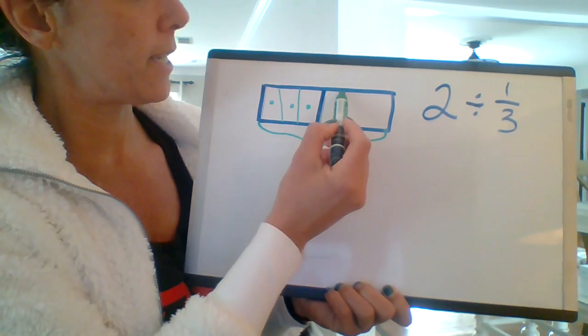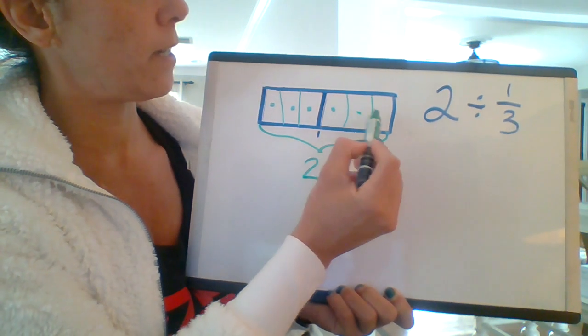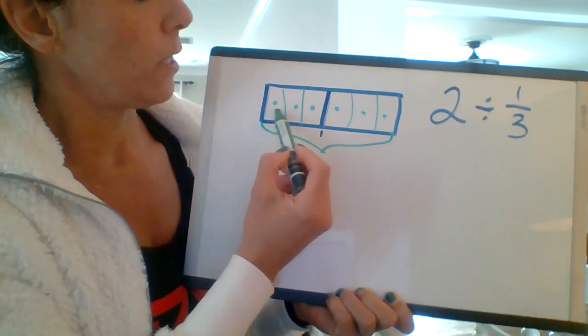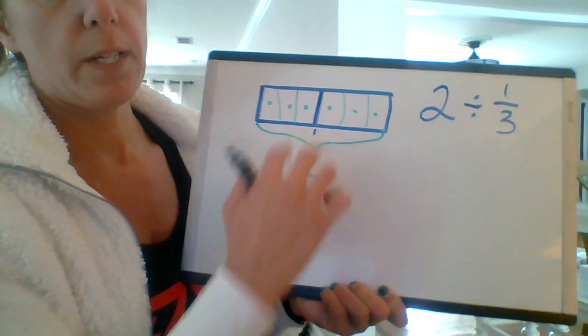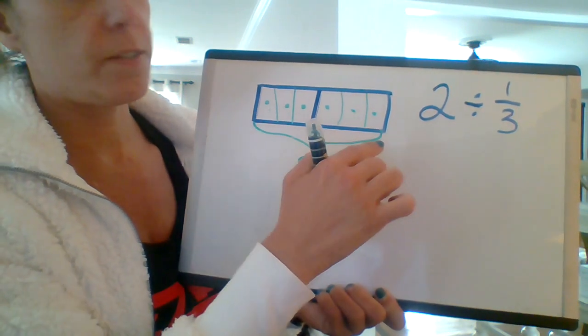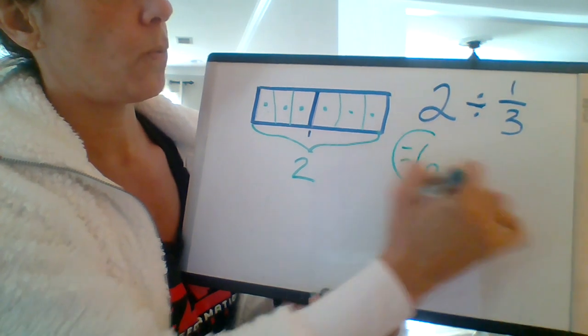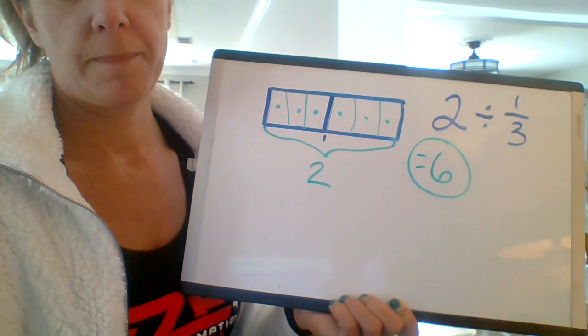If I take my second and I divide it into thirds, I could feed another 3 people. So in total, I could feed 6 people. So if I have 2 and I divide them into thirds, I now have 6 smaller pieces. Make sense?